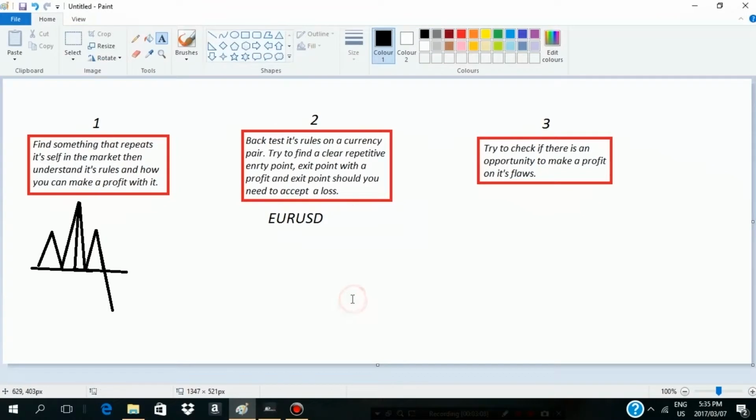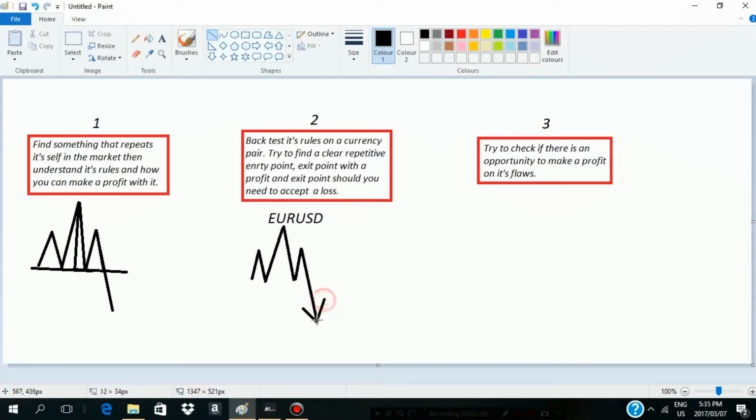For example, by figuring out, okay, this is the head and shoulders pattern I need to spot, this is what it looks like. It usually looks like 3 spikes. So I have found its clear repetitiveness, and I have got a clear repetitive entry point.